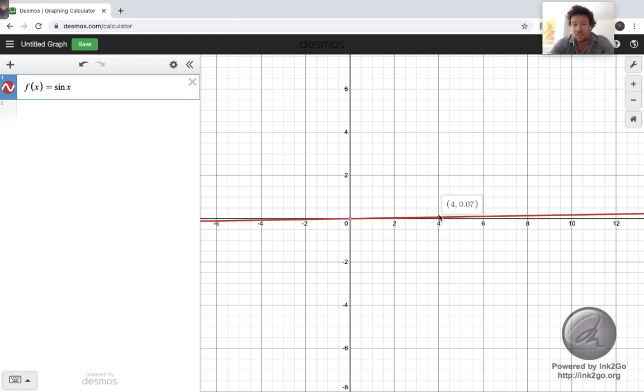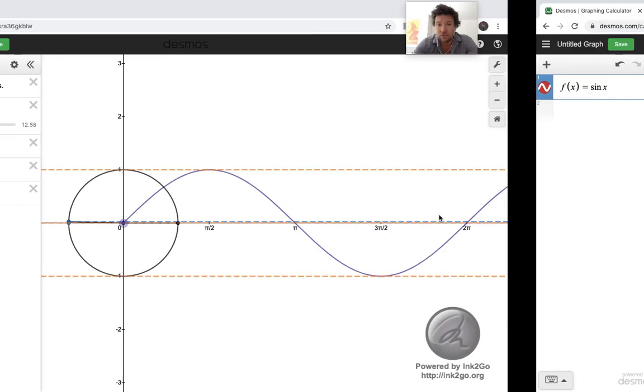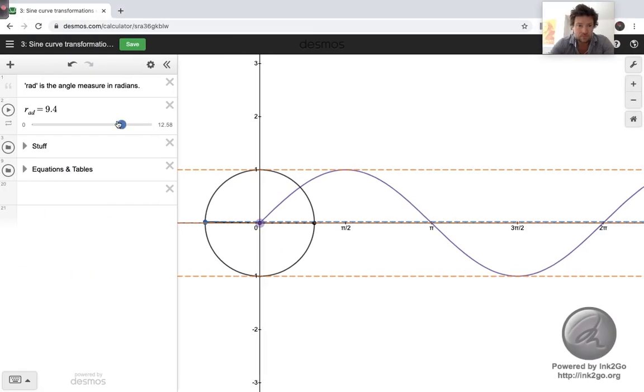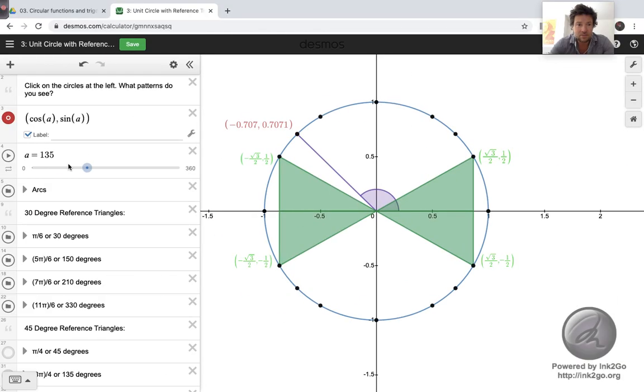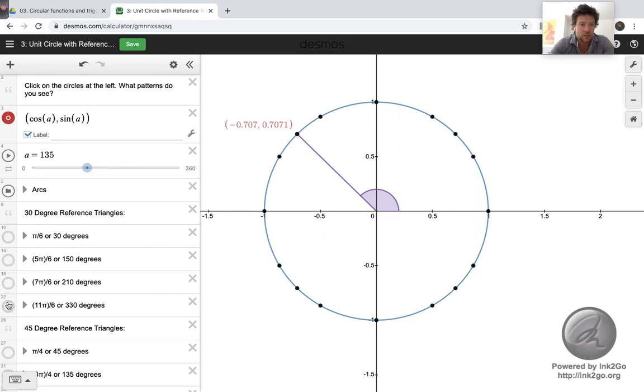So the length of the opposite side of the triangle, let's take a look at it actually. You can imagine the opposite side of a triangle at 4 degrees of rotation would be a very tiny opposite side.